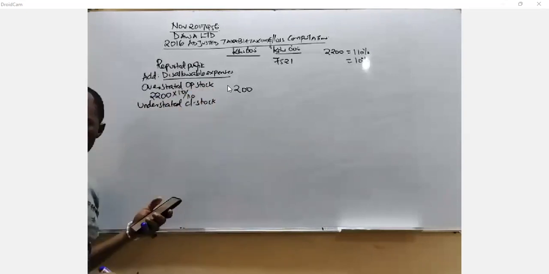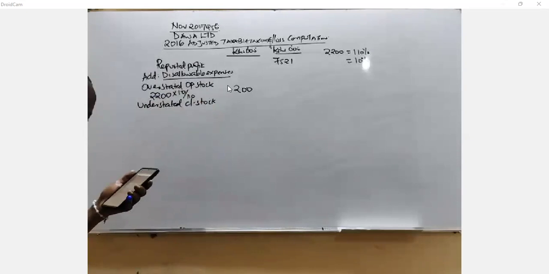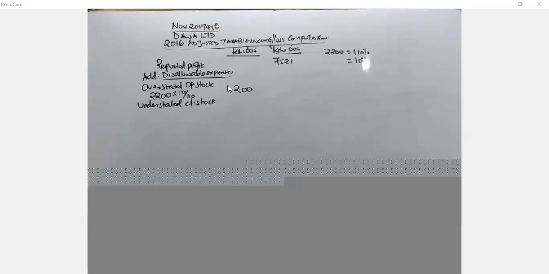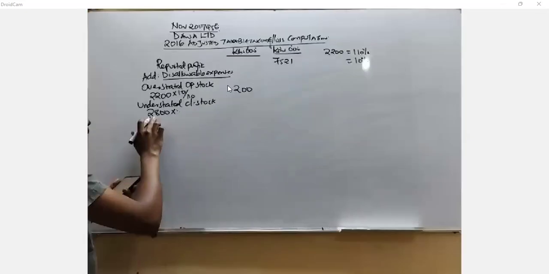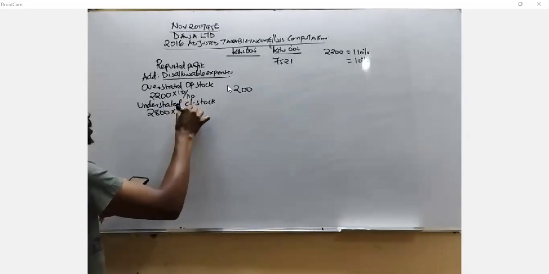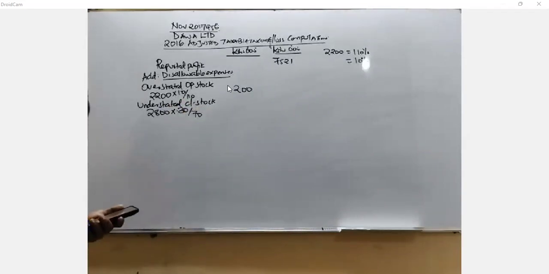Now, what about the understated closing stock? We are being told it is understated by 30%, so the figure given by the examiner equates to 70%. So it should be 2800 times 30 over 70.